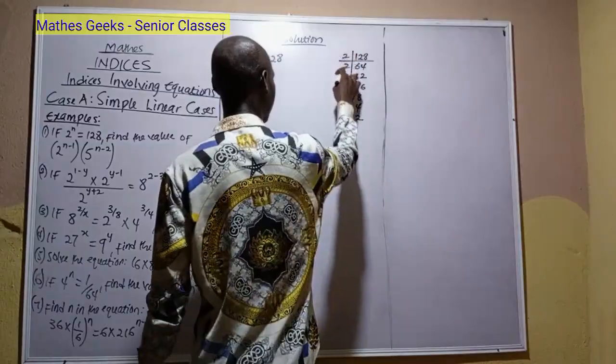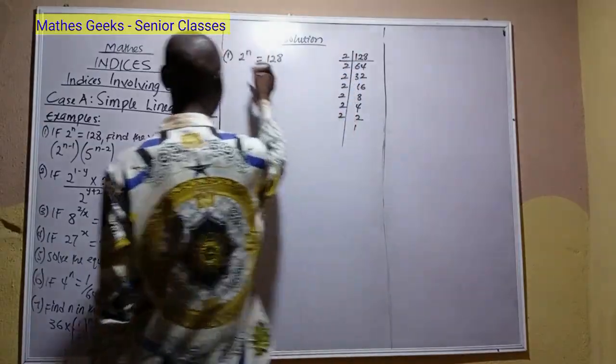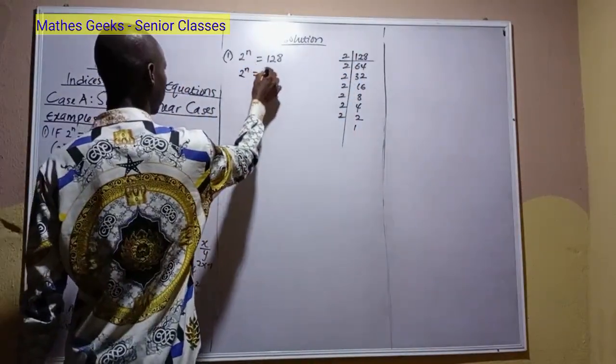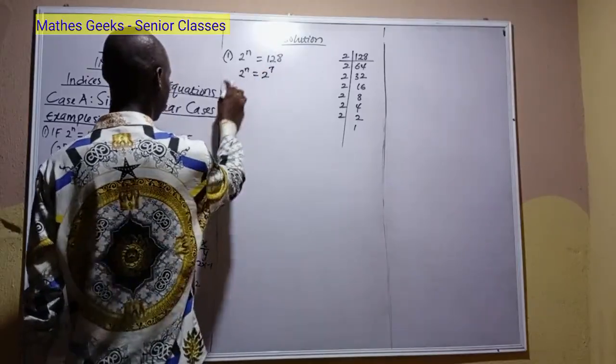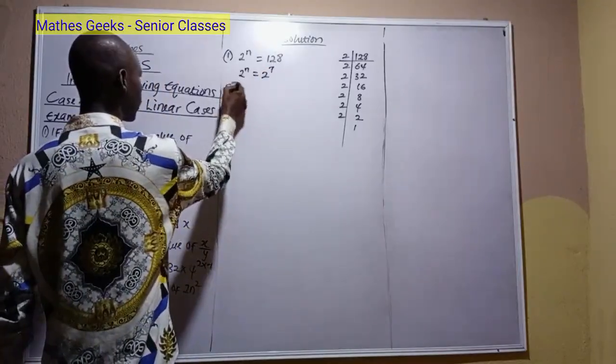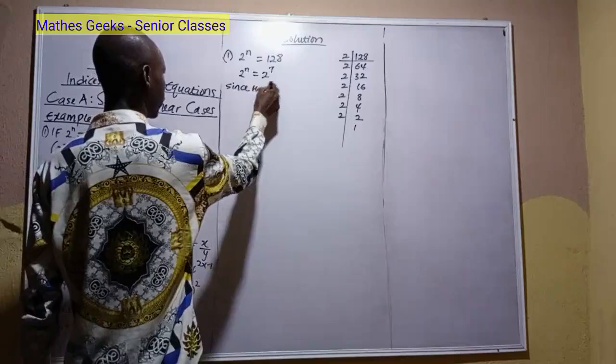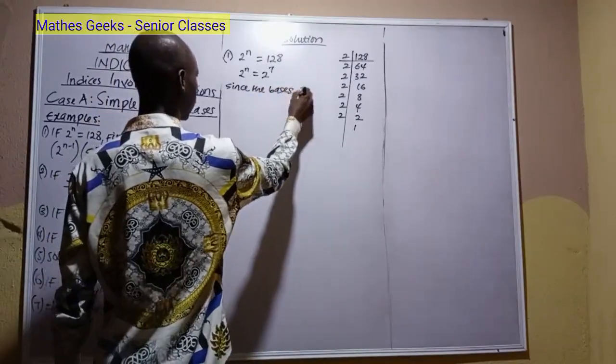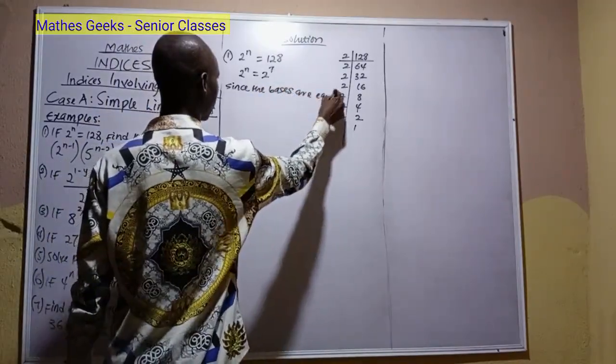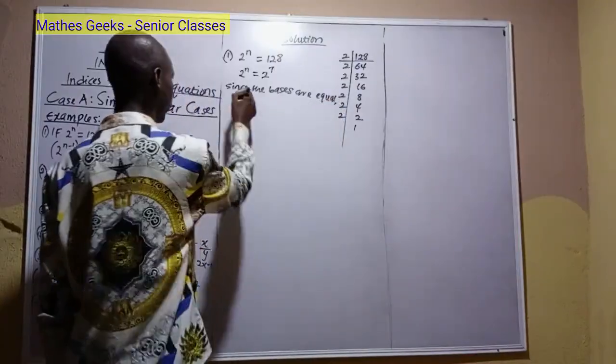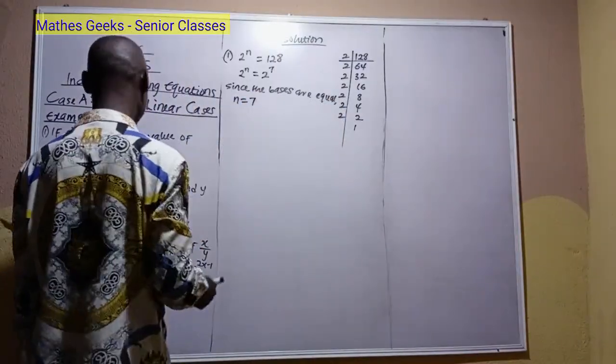So that is 1, 2, 3, 4, 5, 6, 7. So 2 raised to the power n is equal to 2 raised to the power 7, and since the bases are equal, the powers are also equal, so n is equal to 7.